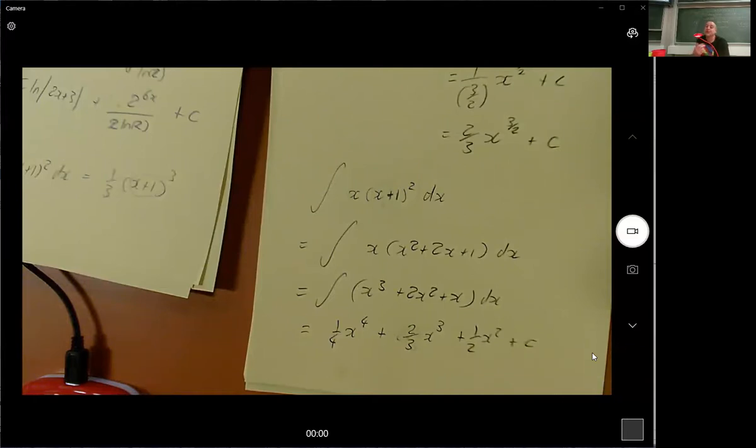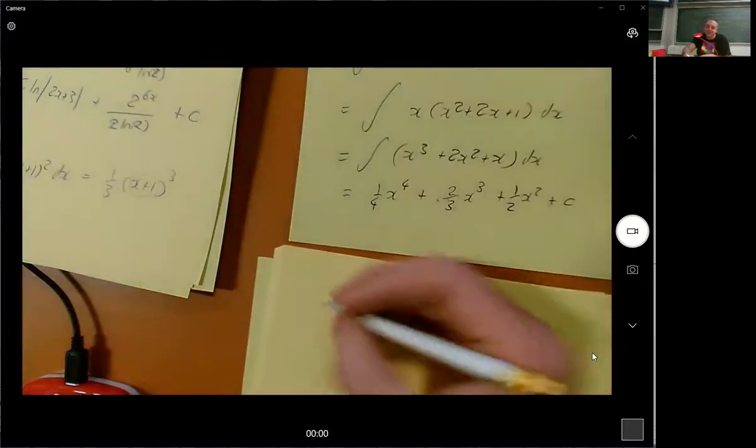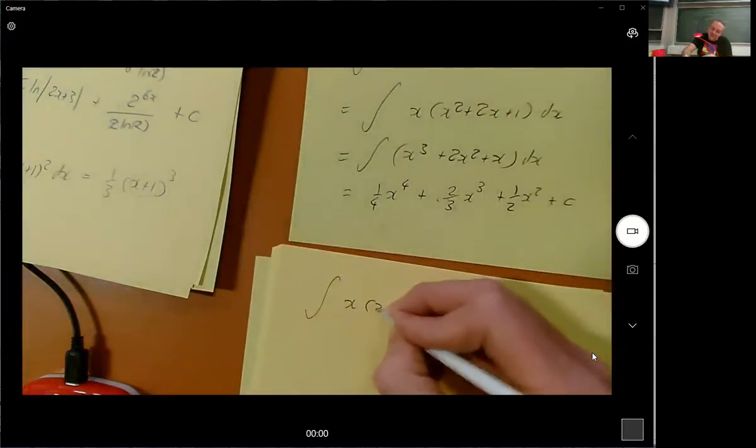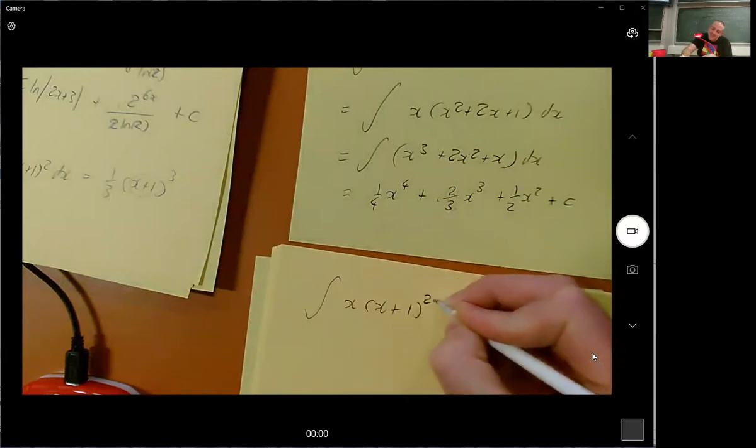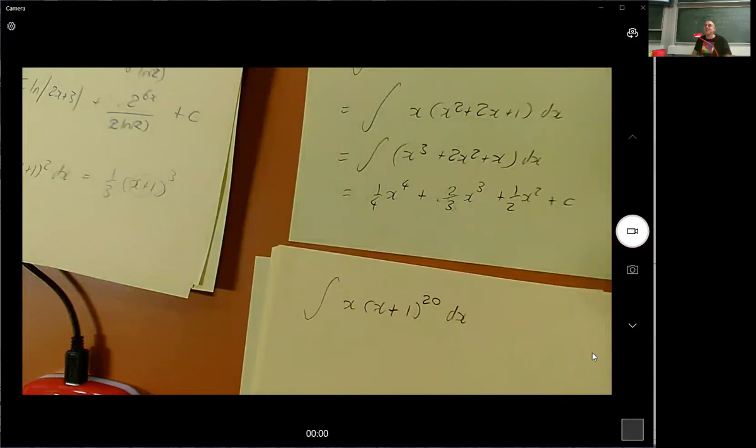There's actually another way to rewrite this, which is not necessarily a good way, but I really want to show you because it's fun. What if it was this? What if instead of a 2 in that spot, it was a 20?